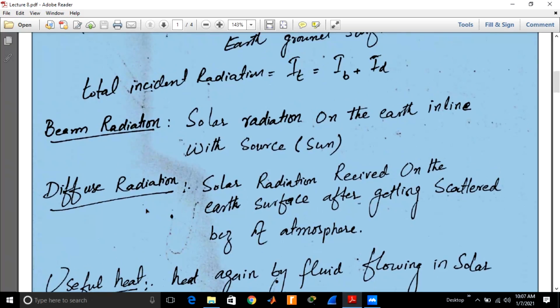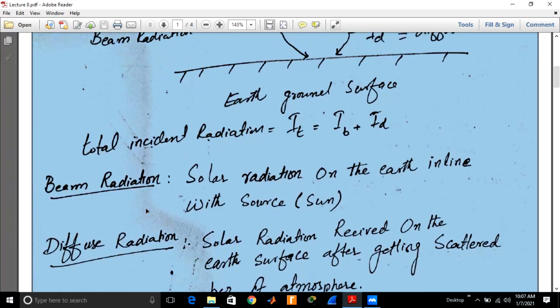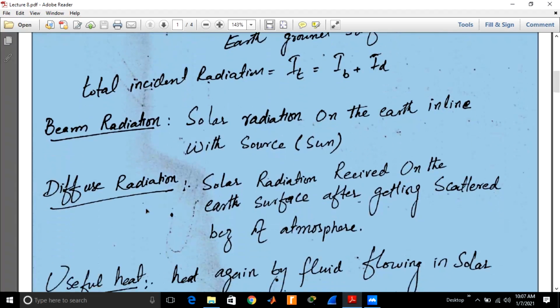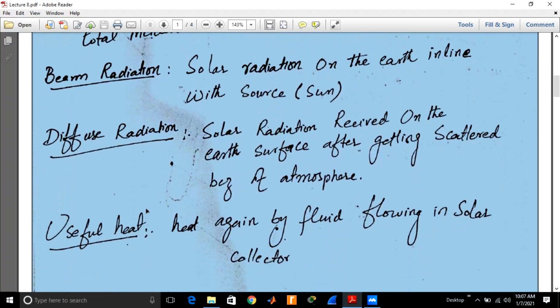And what is meant by useful radiation? When we collect some radiation from the sun, heat is produced, and the heat transferred to the fluid flowing in the collector is called useful heat. The useful heat means the heat gained by the fluid flowing in the solar collector.